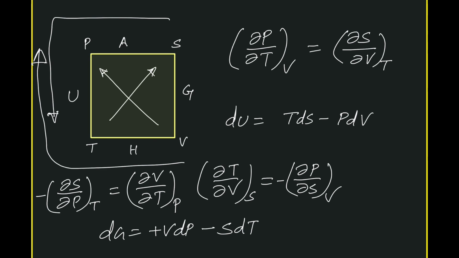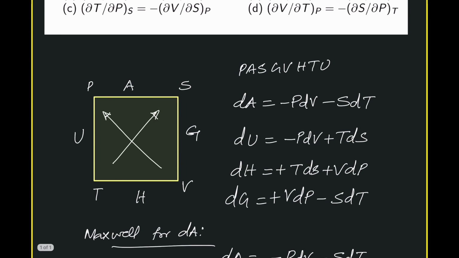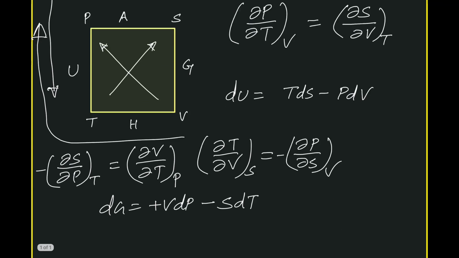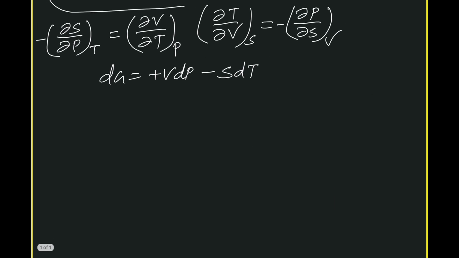So this way, we can obtain these energy relations and Maxwell relations by making use of this mnemonic diagram. Now, I'll also tell you how to obtain the relations from the fundamental derivations. So we are going to derive the energy relations.